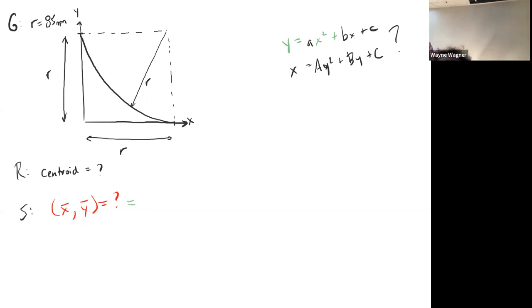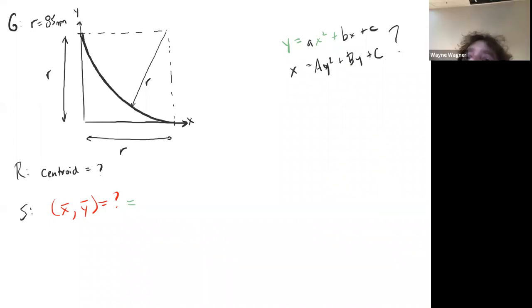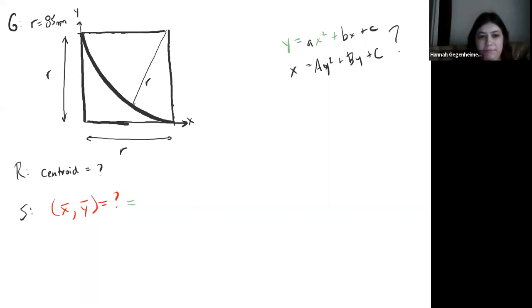Do you see a parabola here? What do you think this shape is? It has a constant radius. What is this shape right here, the surrounding part of it?